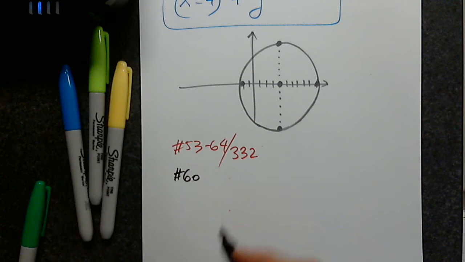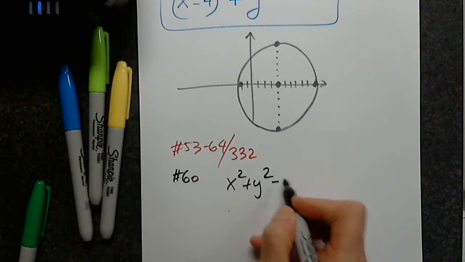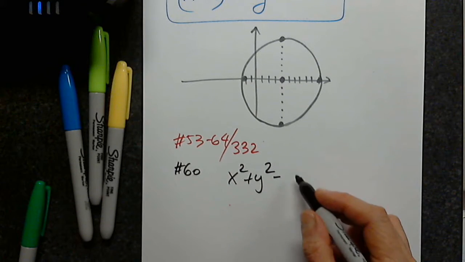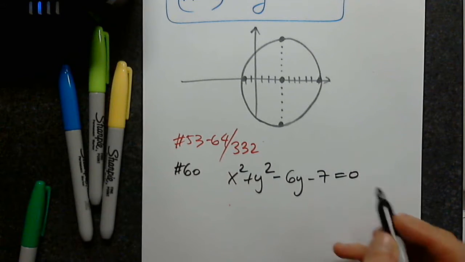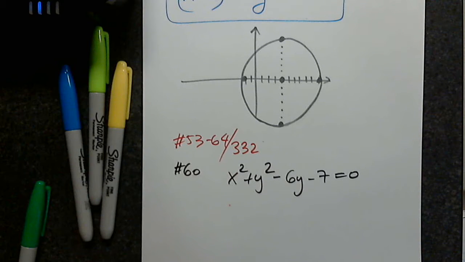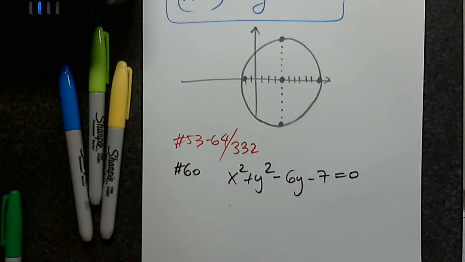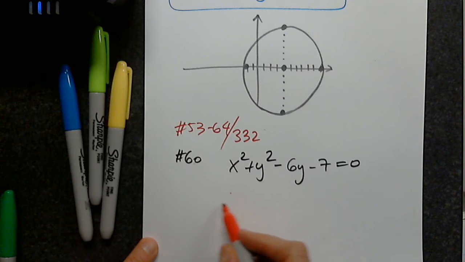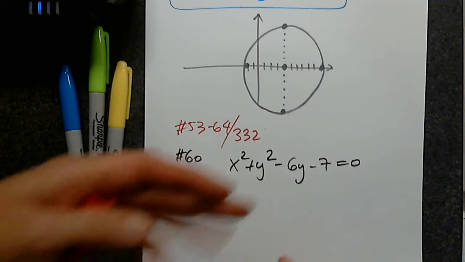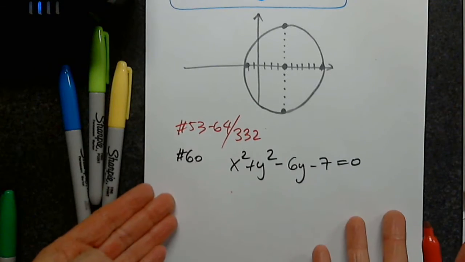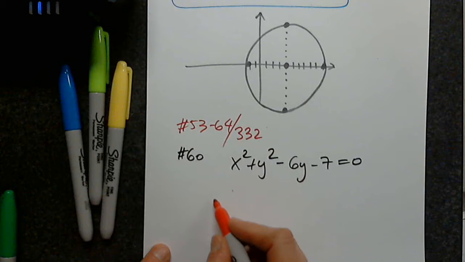X squared plus y squared minus 6y minus 7 equals 0. I would like to write the equation that I would like to see after different steps. What equation do I have to see? Please dictate. You don't know anything about numbers, but what am I trying to find or show?